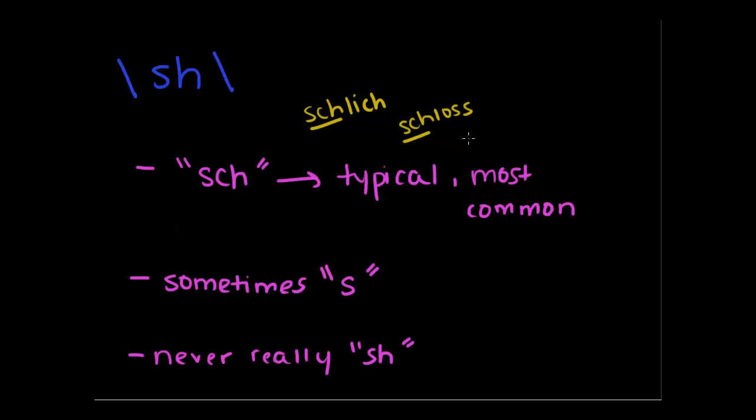And Scherenschnitte. This word has it twice. So it doesn't have to be at just the beginning. It can be in the middle, at the beginning, at the end, basically everywhere. I really like this word. It means the art of cutting paper and making decorations. So that's an interesting word. But SCH, very, very common.